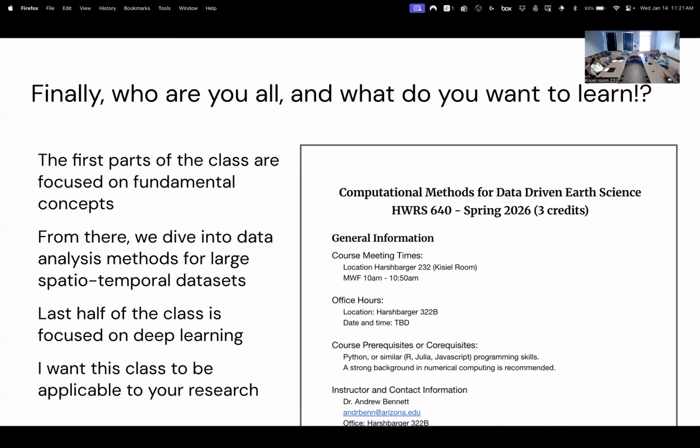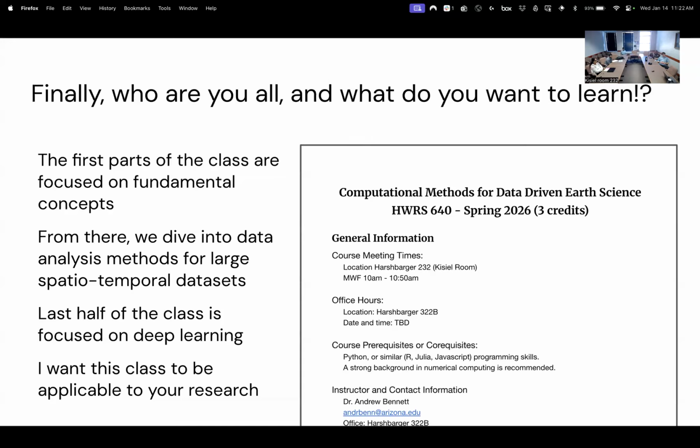And now primarily my research is focused on integrating machine learning, deep learning into traditional physics-based hydrologic models, primarily focused on the physics rather than chemistry or water quality stuff.